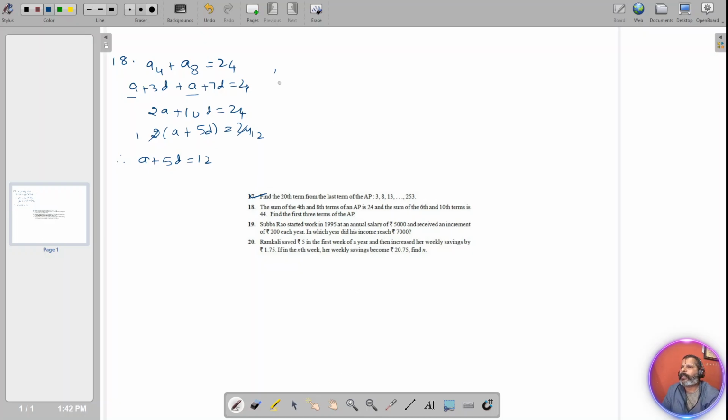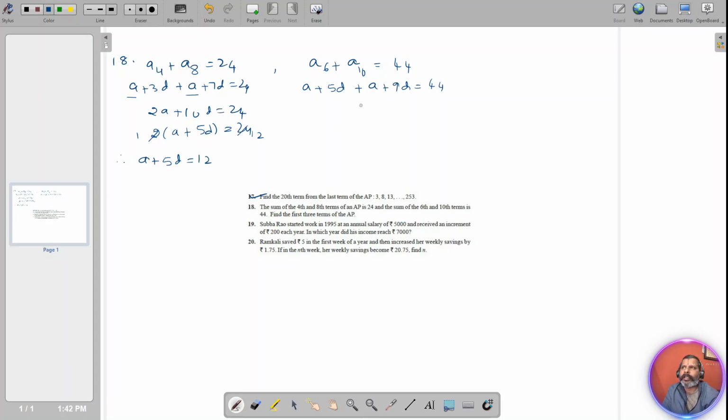Coming to the second part of the question. Sum of the sixth and tenth term is 44. Similarly, you write a6 plus a10 is equal to 44. a6 means a + 5d, a10 means a + 9d, equal to 44.